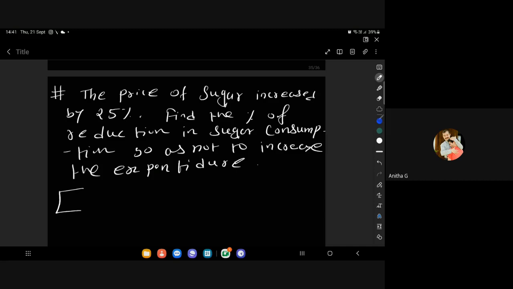Options are 20%, 25%, 30%, or 15%. The question is the price of sugar is increased by 25%.